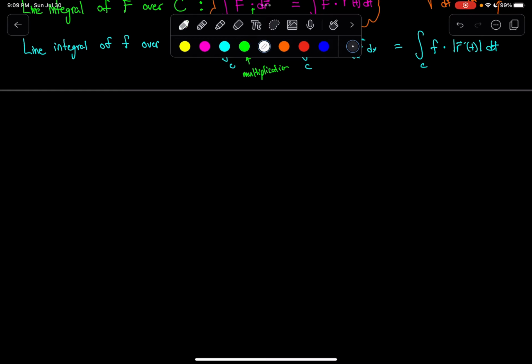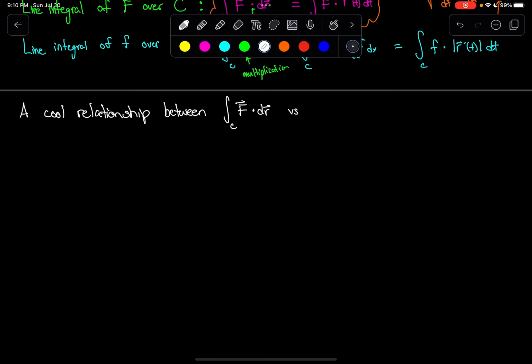And just to show you something nifty, and this will play a bigger role next week, a cool relationship between line integrals of vector fields over a curve versus line integrals of a function over a curve is the following. Okay, so I'm just going to make a little setup here.